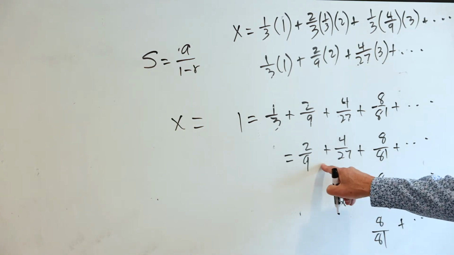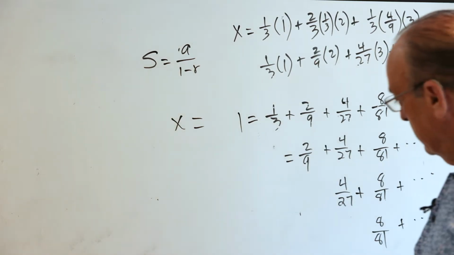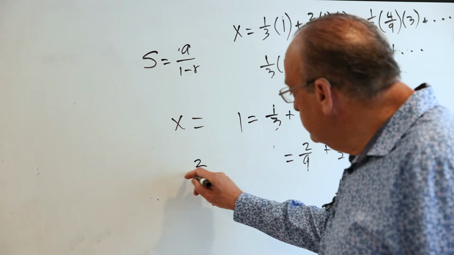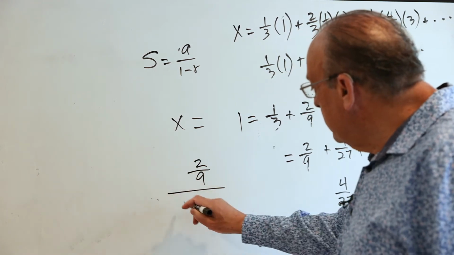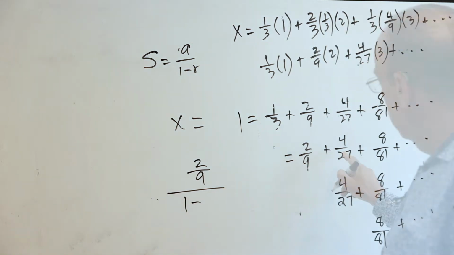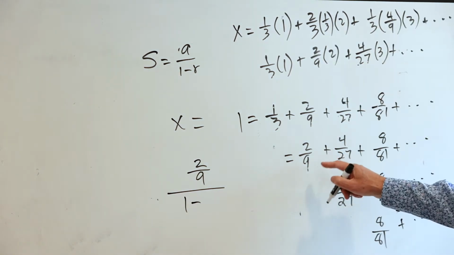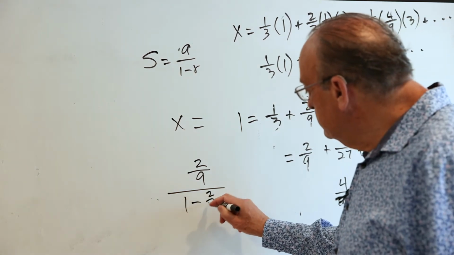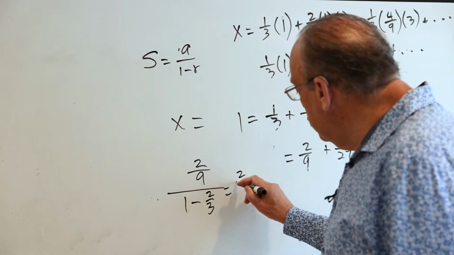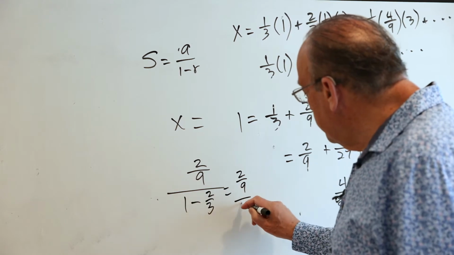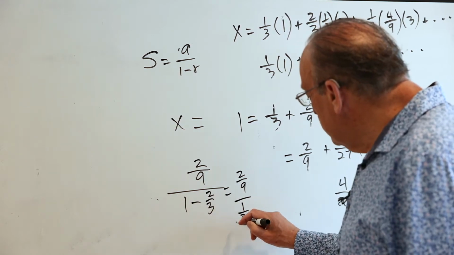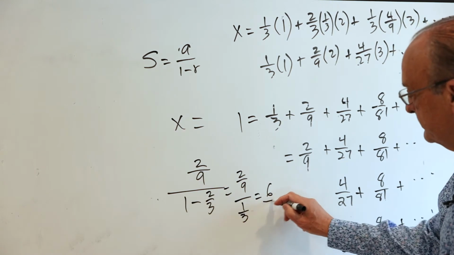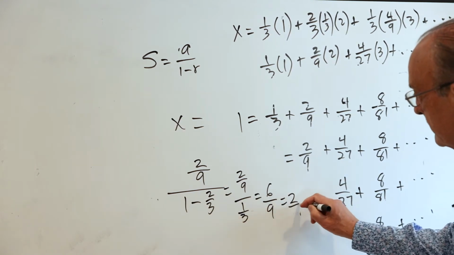Okay, so for this next sum, your A is going to be 2/9. And we're going to be subtracting 1 minus R, and we're timesing by 2/3 again, which turns out to be 2/9 over 1/3, which turns out to be 6/9 equals 2/3.